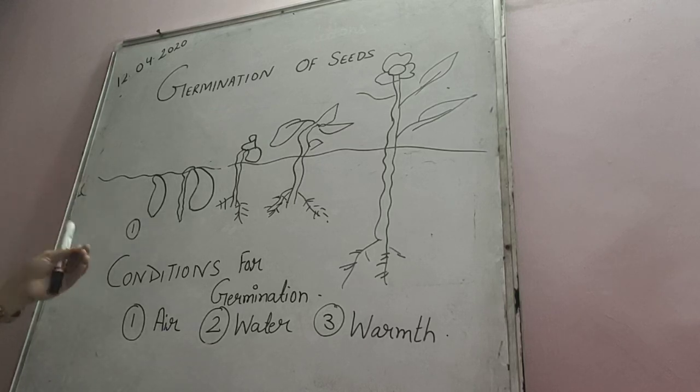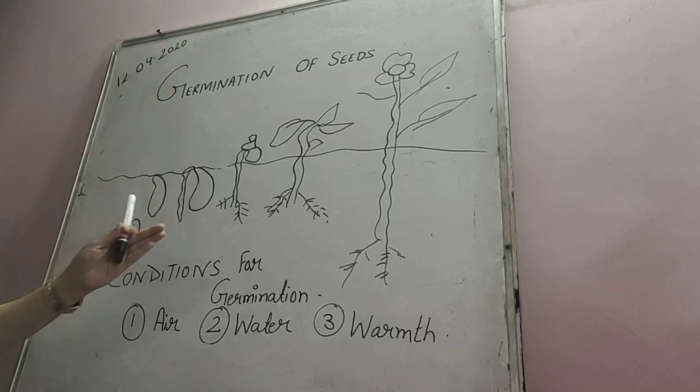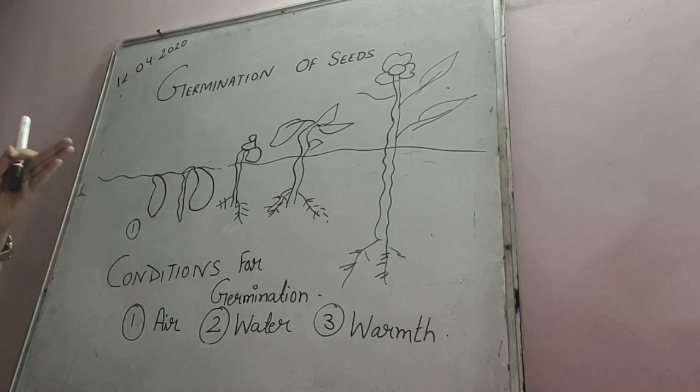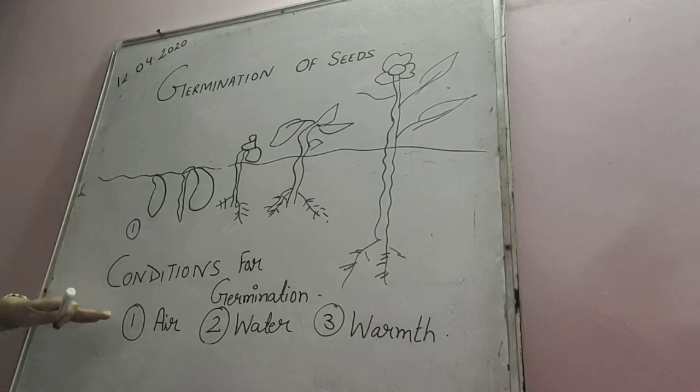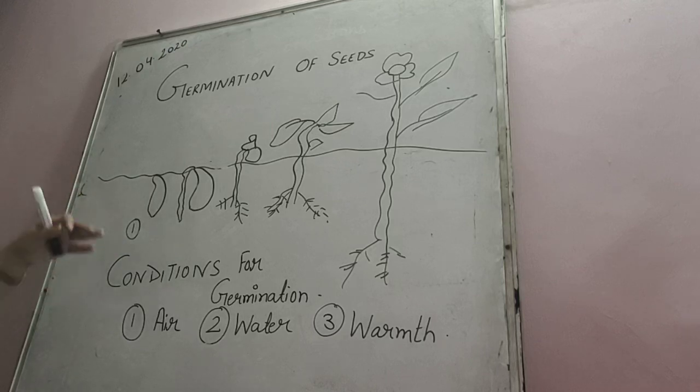When the seeds from their point of origin get scattered away, get blown away, get taken away to different places, this process is known as dispersal of seeds. Once the seeds are dispersed to different places, they germinate there and grow into a new plantlet.